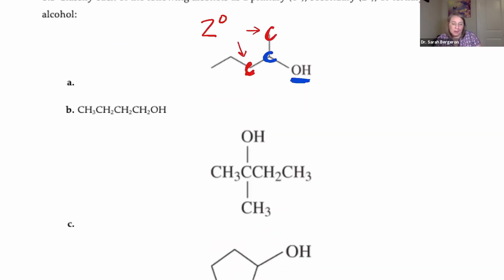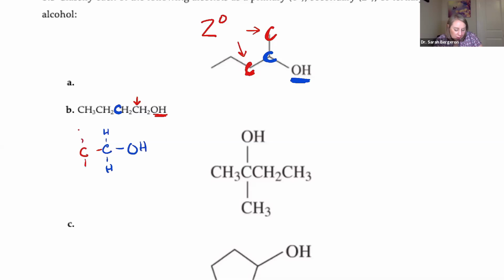All right, the next one, B. I know it's kind of weird over here, but what I want to do is look at my alcohol and look at my carbon that's attached to the alcohol. And then I'm going to see how many carbons are attached to that. So there's only 1 carbon that's attached to that. If you wanted to draw this out, you absolutely can. You know your alcohol is attached to your carbon. And now here's the rest of the molecule.